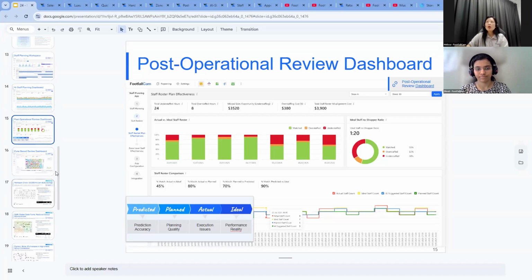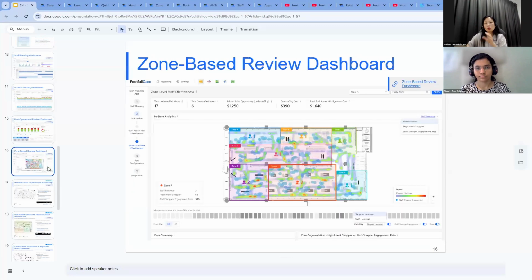Now that's store level. You can even go into zone-based level. For example, maybe your whole store on average was fine, but one zone was really understaffed for that afternoon. Why is it understaffed?